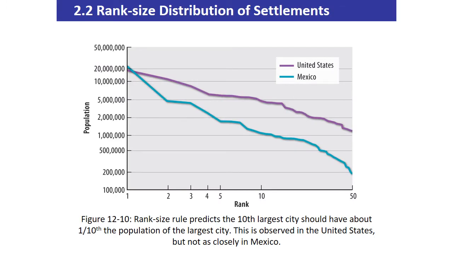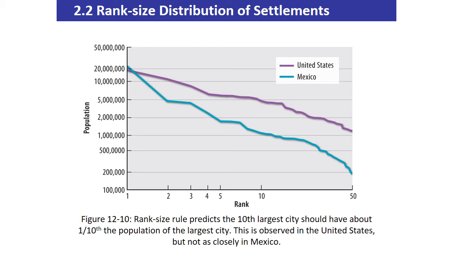This is from your textbook, showing two examples of the rank size rule. You can see with the United States, the 1, 2, 3, 4, 5, 10, 50 largest cities arrayed along this graph here. And for the most part, the United States follows it pretty closely.